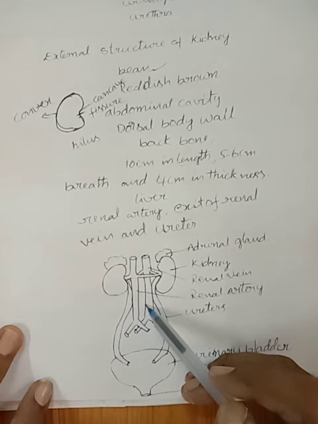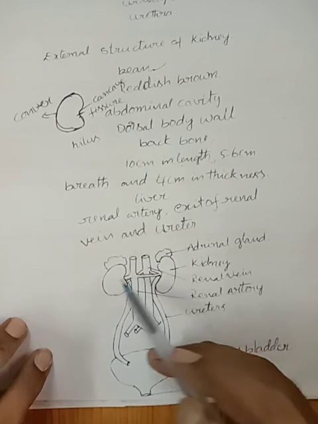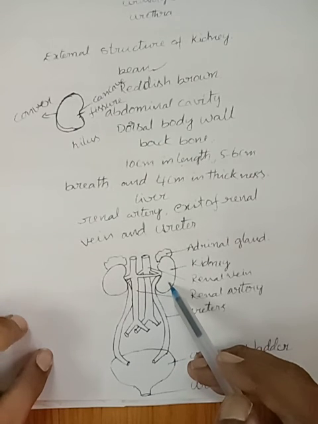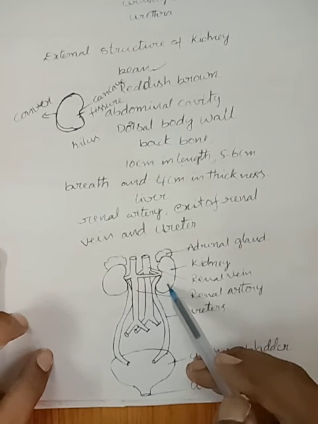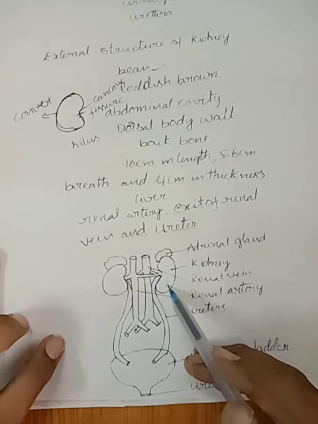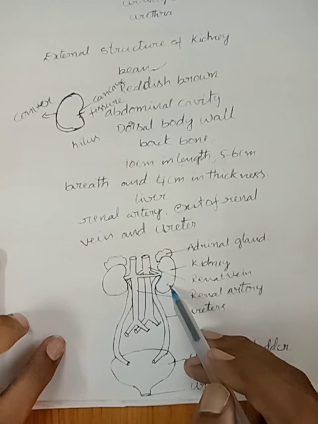So the waste products generated in various organs of the body are filtered and removed by kidneys. So, what is the main function of the kidney? Filtration of blood. The main function of the kidney is filtration of blood, or to remove the waste products present in the blood.